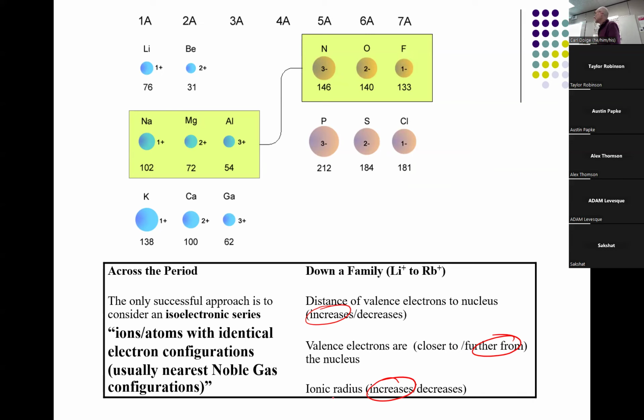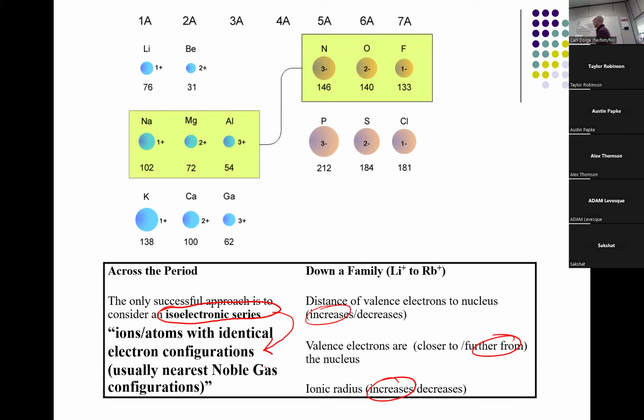But we need a different approach to explain what's going on across the periodic table. So I say here in your notes, the only successful way to do this is to consider the isoelectronic series. What do we mean by isoelectronic series?